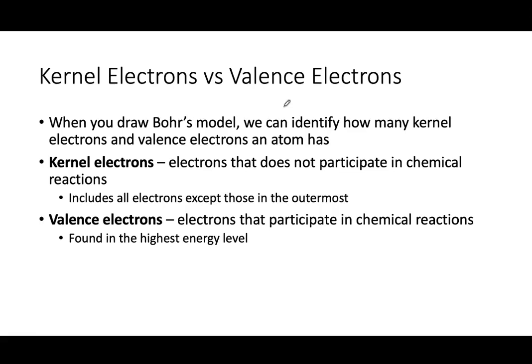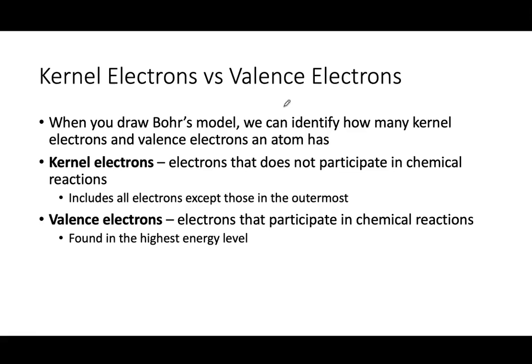Valence electrons, on the other hand, are the electrons that participate in chemical reactions. These are found in the highest energy level. So if you create those shells, like the one I did previously with the circle and the dots, the valence electrons would be on the outside.